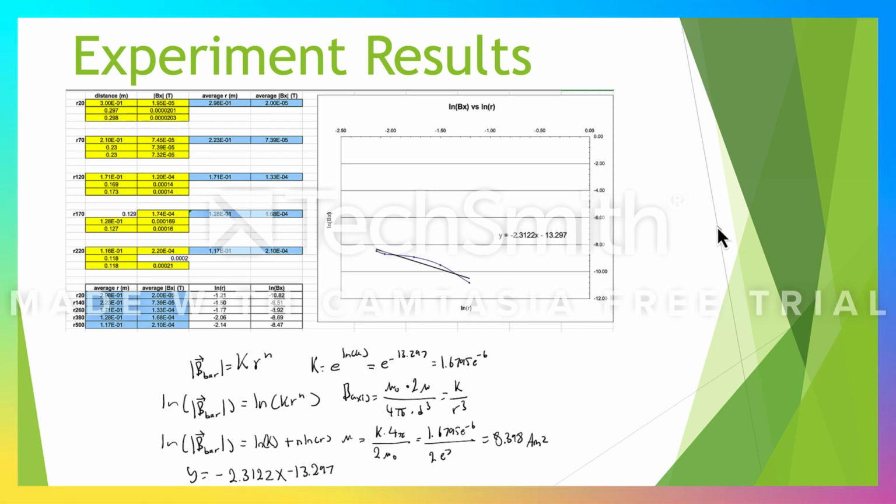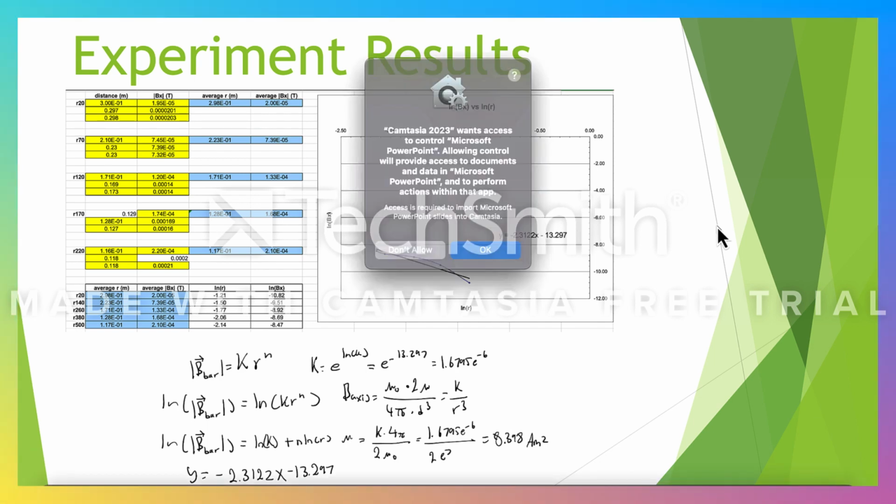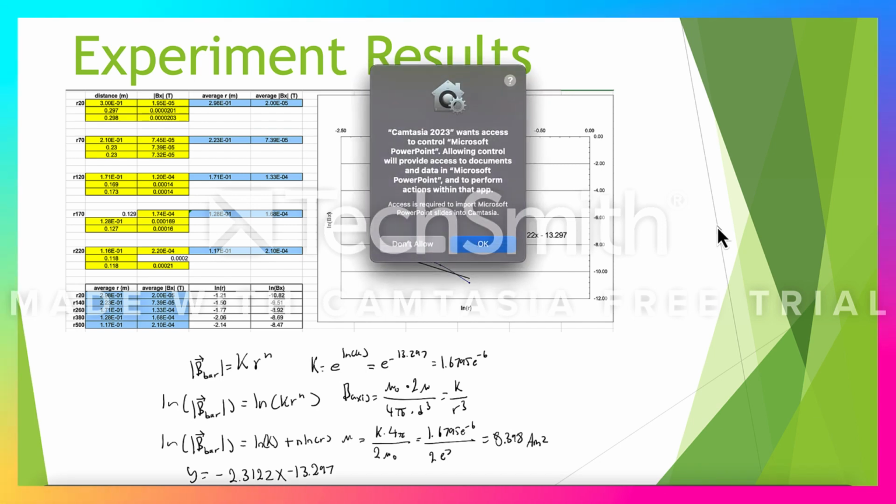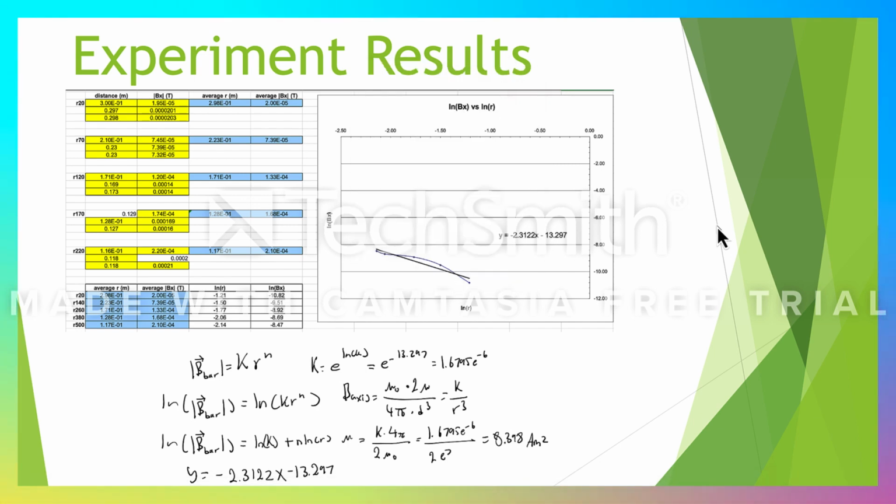which can be found by first taking the distance dependence equation and taking the natural log of both sides. Then ln k should be the same as the slope, so that your distance dependence is negative 2.3122. And then in order to find the magnetic dipole moment, you take the constant, which is negative 13.297, and substitute it into e to the ln k, and so you get 1.6975 times 10 to the negative 6.